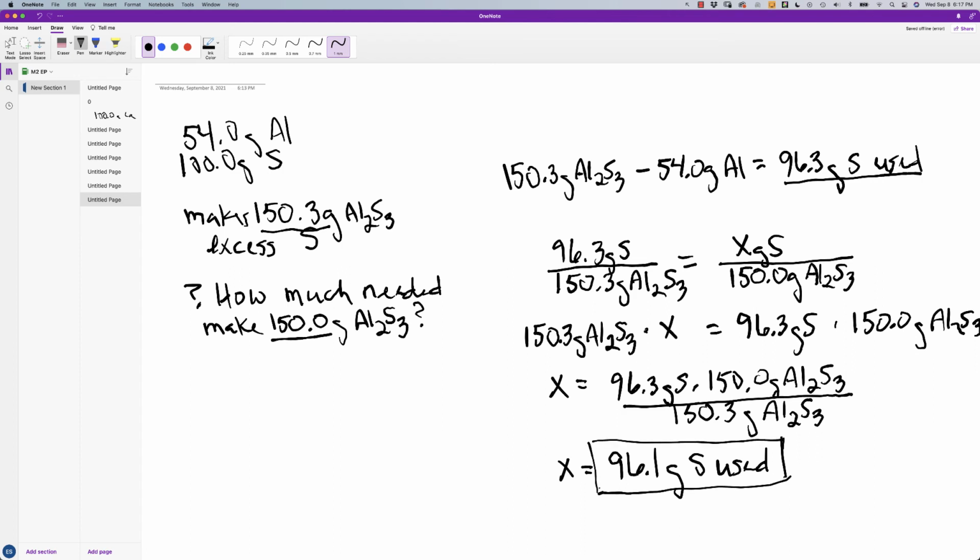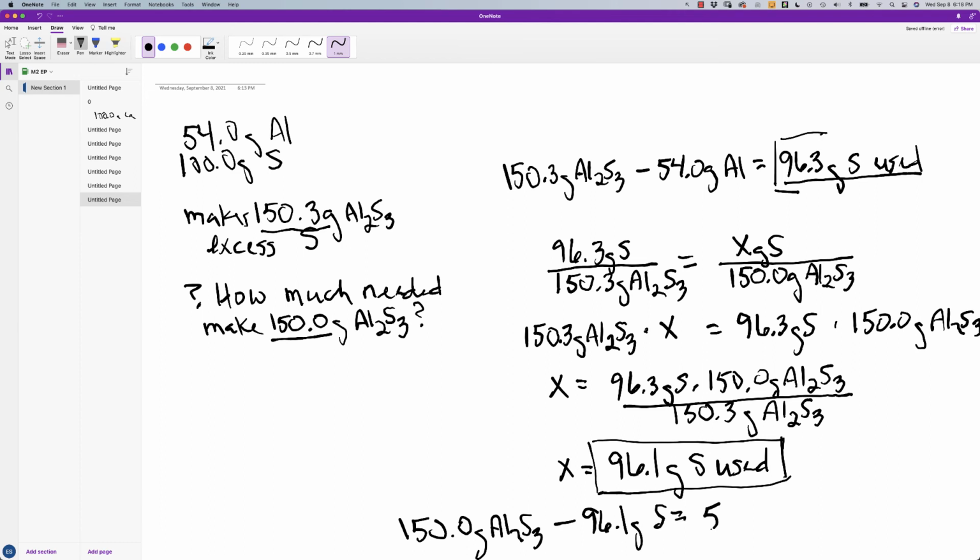In the new one. So we initially used 96.3, right? And our new mixture, it's going to be less than our initial one. So how much we use should be less, which it is, 96.1. Not much, but it is less. And with that, we know that we had 150.0 grams of aluminum sulfide. Subtract our 96.1 grams of sulfur that we know we used because of our ratio.